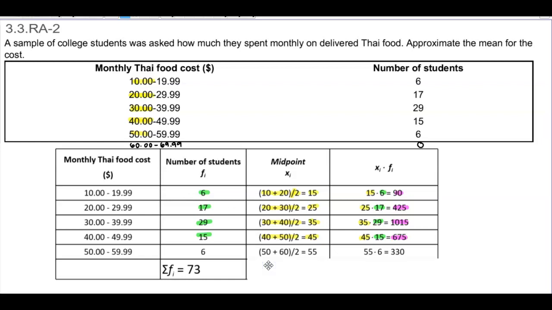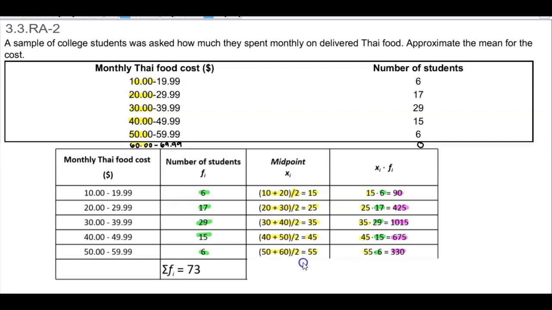We take 50 and add 60, divide that by 2 to give us 55. So 55 is our midpoint, and we multiply it by the frequency of 6. So 55 times 6 gives us 330.